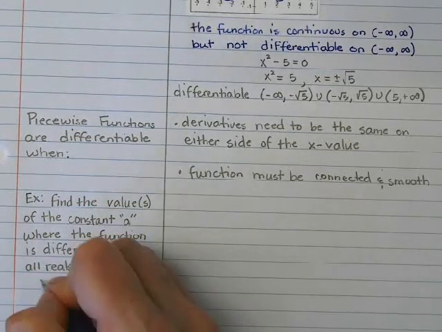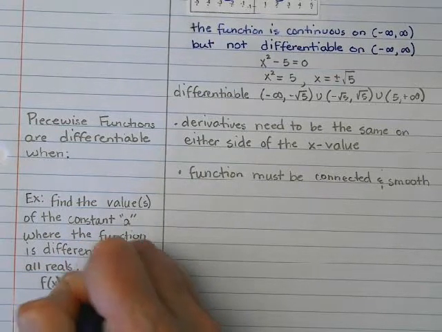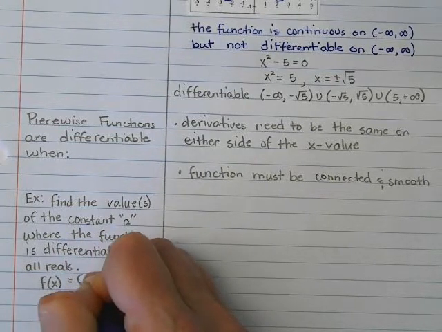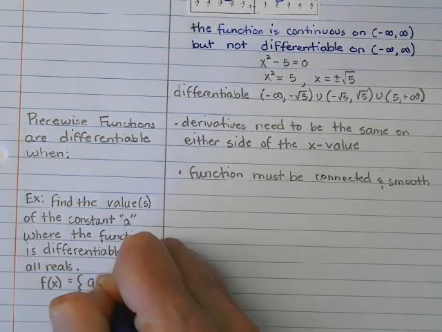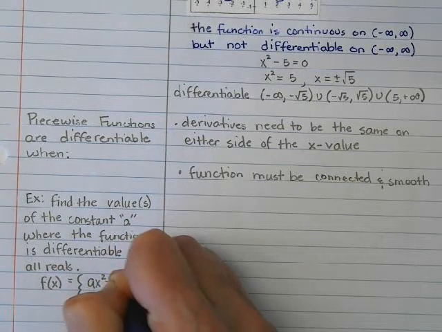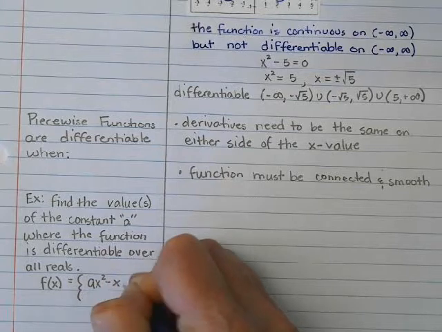Okay, so this time we want to make something differentiable. They're giving us a piecewise function, and they're saying A is going to be some value.